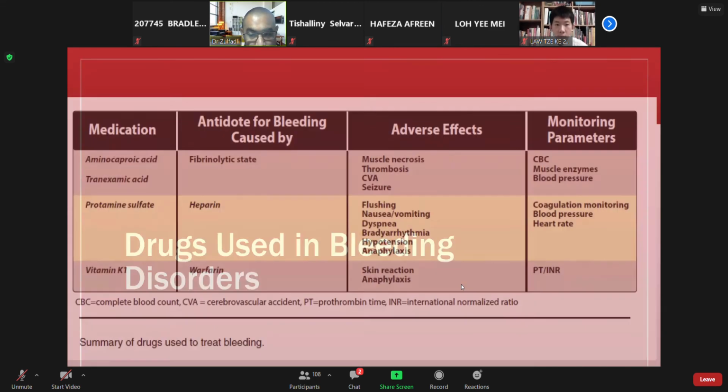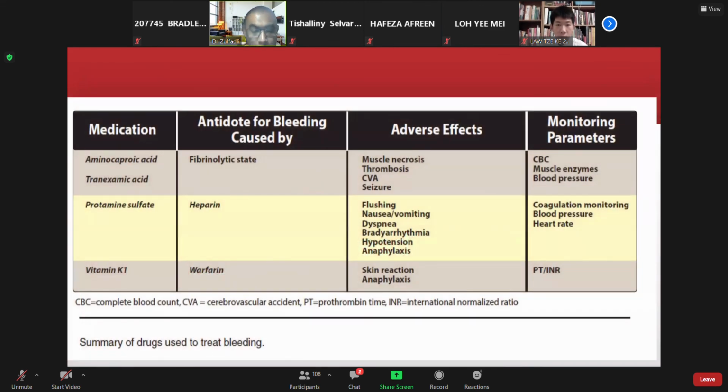This one is additional information for you to know. This diagram shows you the drugs used to treat bleeding. As I mentioned just now, the adverse effect of antiplatelet and anticoagulant drugs is bleeding. So we need a so-called antidote to stop the bleeding.